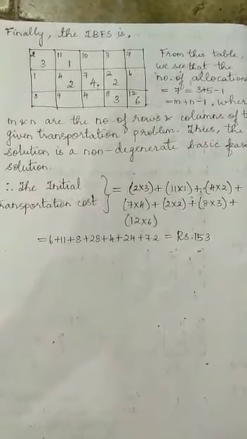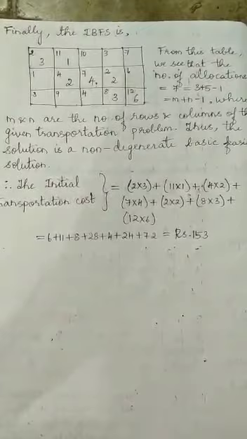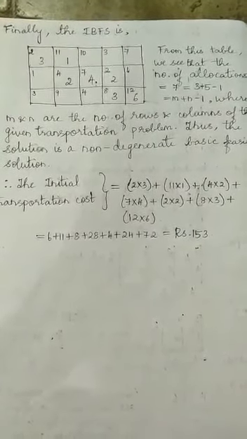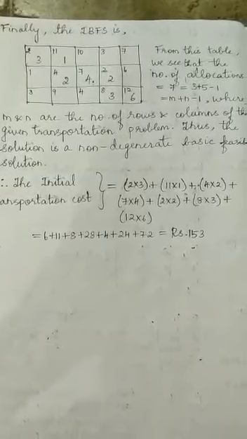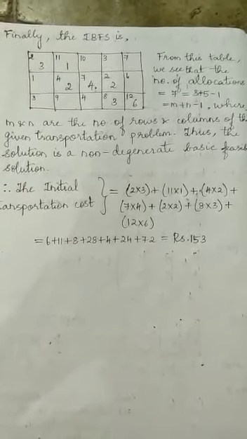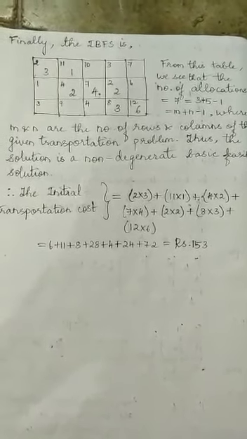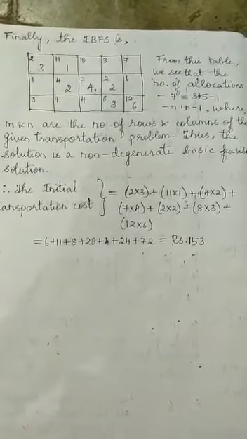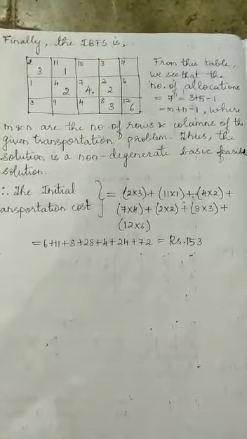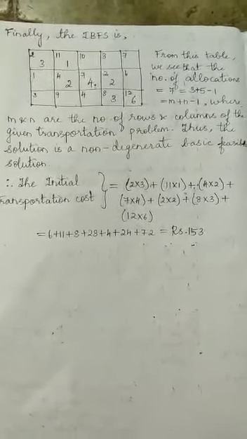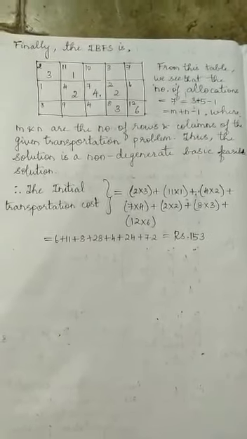So here we see that the number of rows is 3 and the number of columns is 5. So m is going to be 3 and n is going to be 5. So m plus n minus 1 is nothing but 3 plus 5 minus 1, which is also 7. So we see that both the number of allocations and m plus n minus 1 values are equal. Thus the solution is a non-degenerate basic feasible solution.